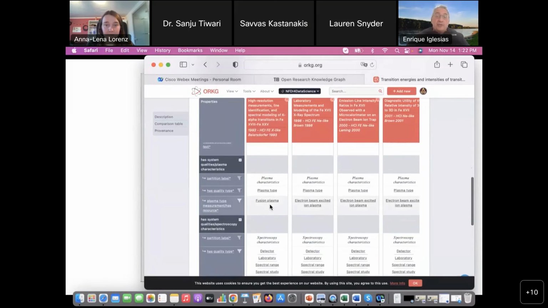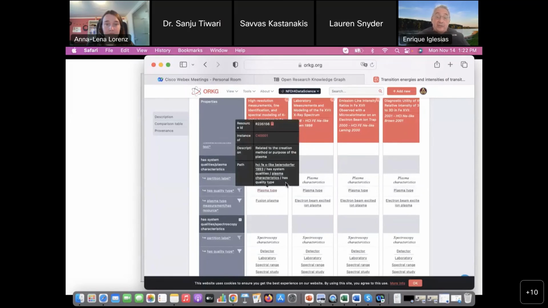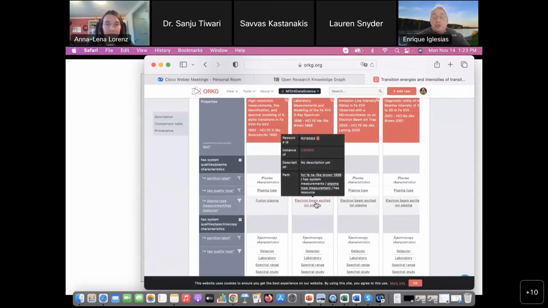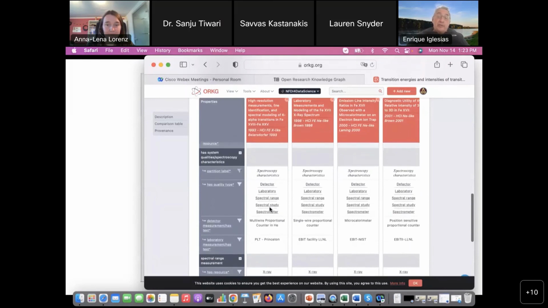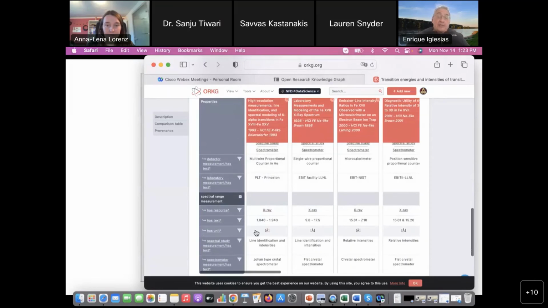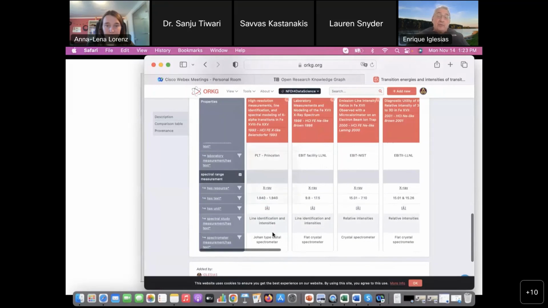When we go to another branch, which is plasma, then again you see the same pattern. Here is the characteristic that corresponds to plasma, and this is the input, which in this case is a resource, which changes depending on the contribution you're talking about. And here we have spectroscopy. Again, it has 5 characteristics underneath it. One, two. The third one has actually, let's call it 3 inputs because it has a resource, it has a range, and also it has the units that correspond to the range.